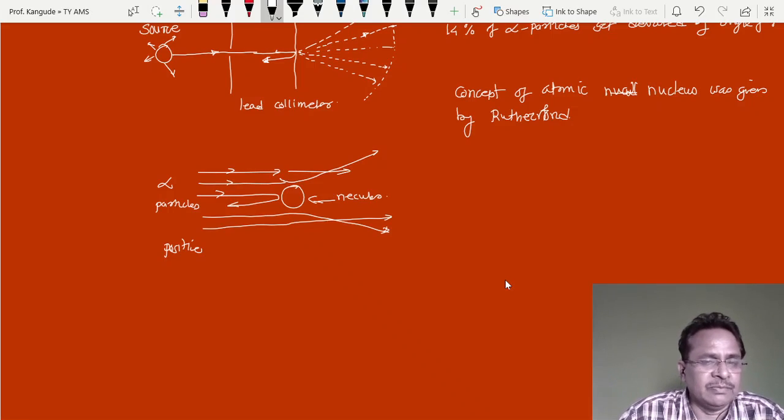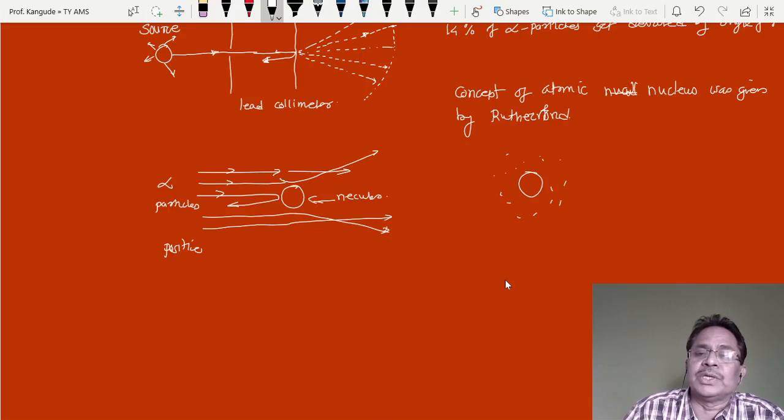In an atom, almost all the positively charged particles are concentrated in a very small space, which is called the nucleus. His picture was that this is the nucleus and electrons are there around it.